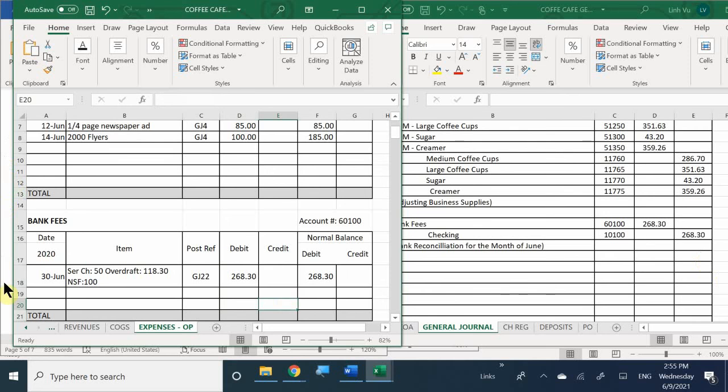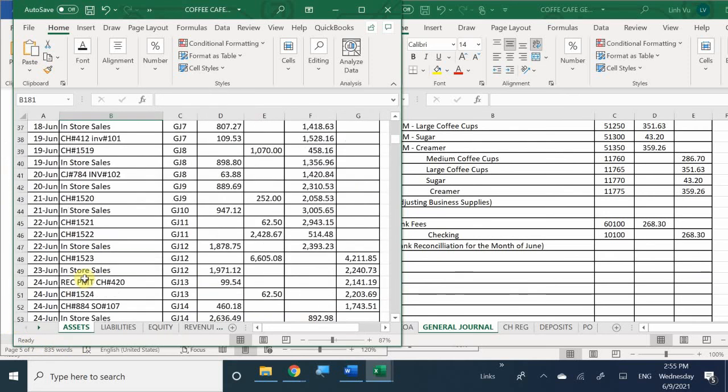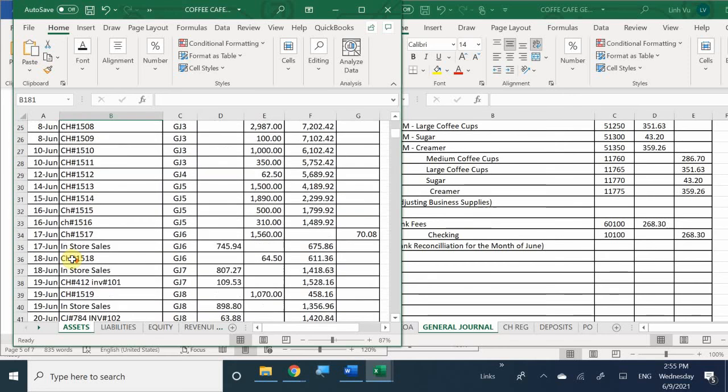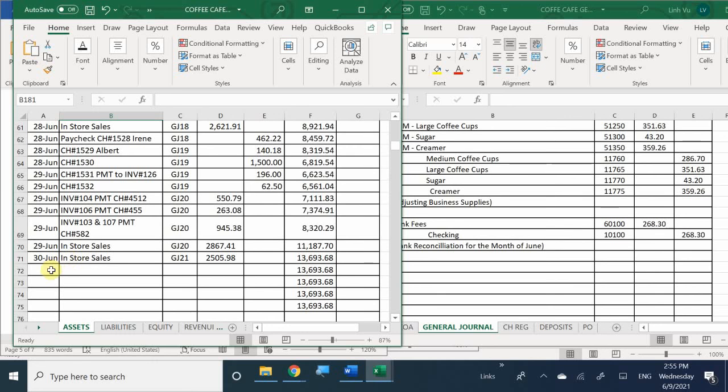So then we got to go to checking, because the bank takes the money away from our bank account automatically. They don't request for us to pay. They just took money out automatically. So here we are, checking. I'm sorry, my internet was going in and out. We did the service charge and the overdraft fee, and then did we do the NSF as well? Correct.